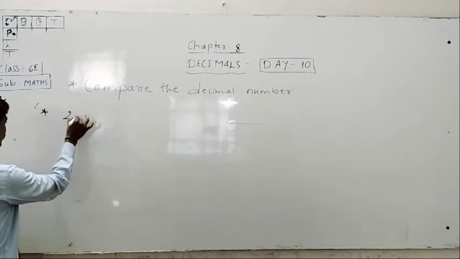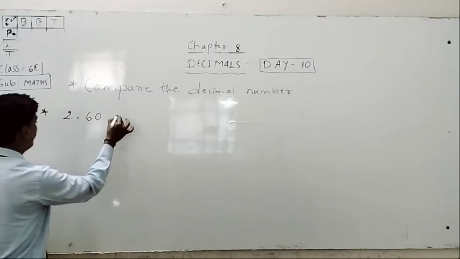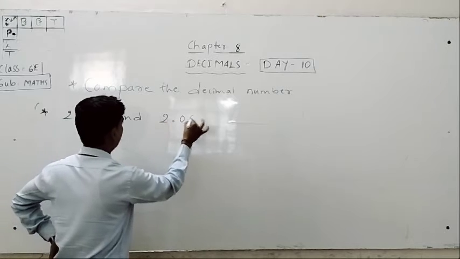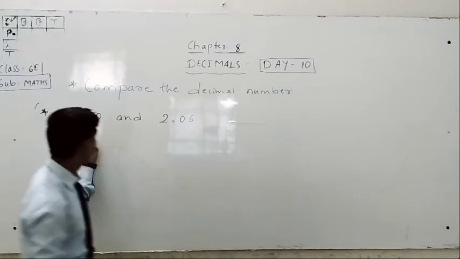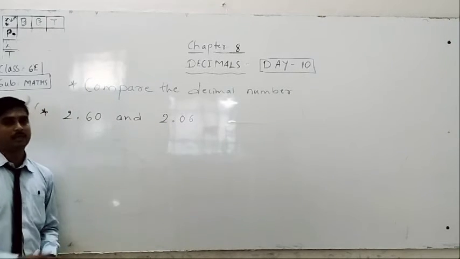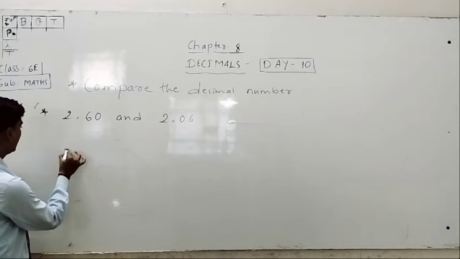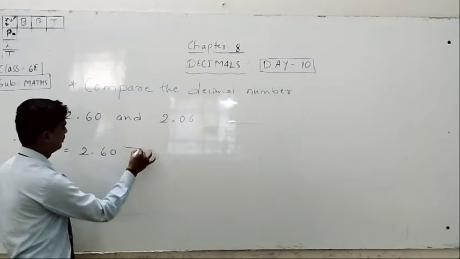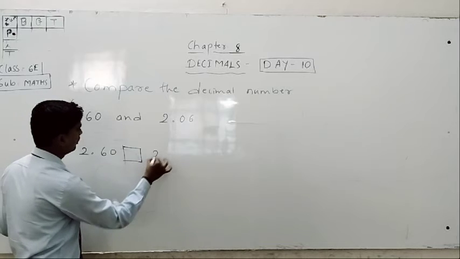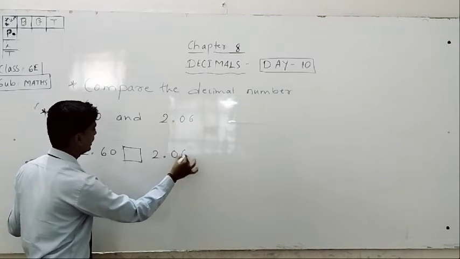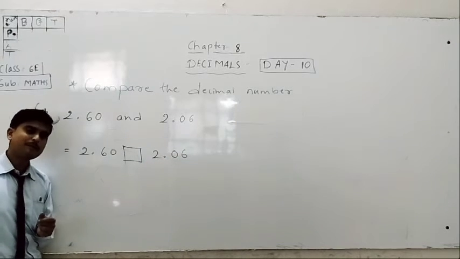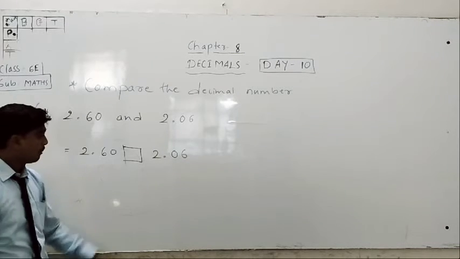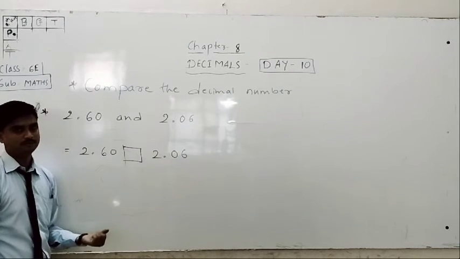Now 2.60 and 2.06, which decimal is bigger? First of all, you should write 2.60, square box, 2.06. To compare decimals, you should observe the bigger place numbers.